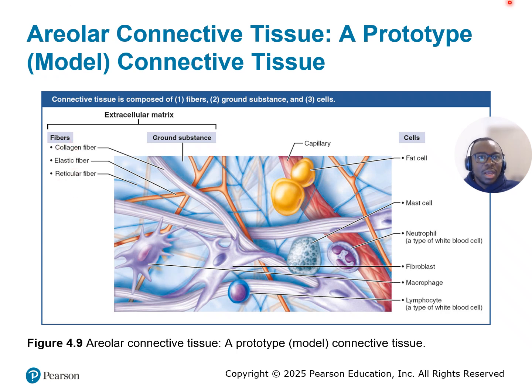Fibers: a network of three intertwined fibers include, from the thickest to the thinnest, collagen, elastic fibers, and reticular fibers. Ground substance fills the space around the fibers and cells. Cells are clustered around the fibers and capillaries. They include fat cells, mast cells, fibroblasts, and macrophages.